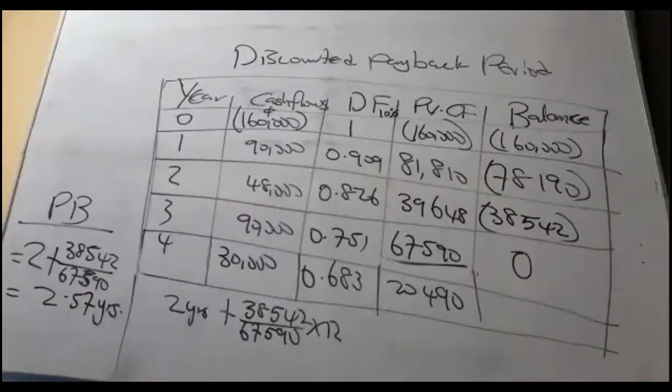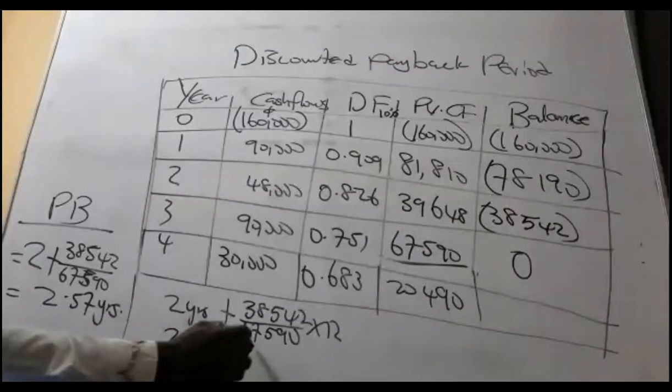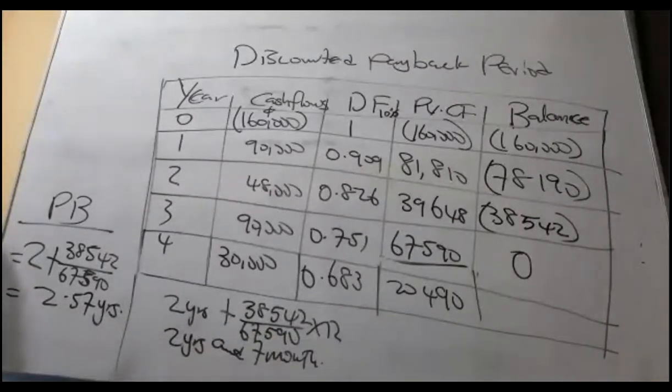Just multiply the fraction here by 12 months. That will be 6.8, so you can make it 7 months. So it will be 2 years and 7 months. That's the payback period. We are done. 2 years and 7 months.